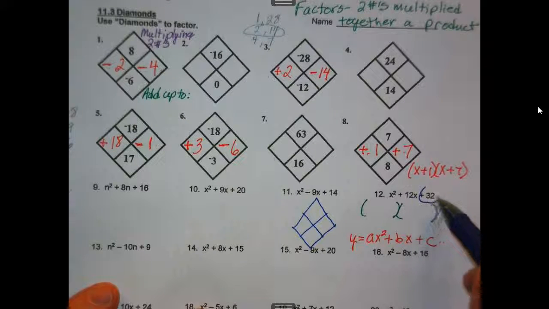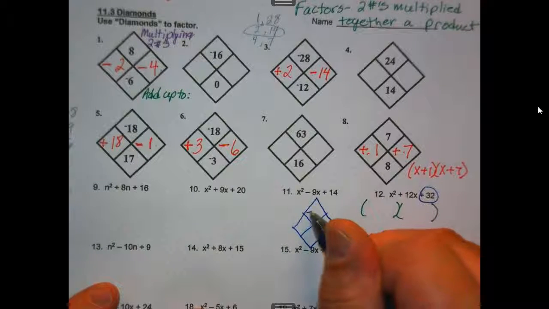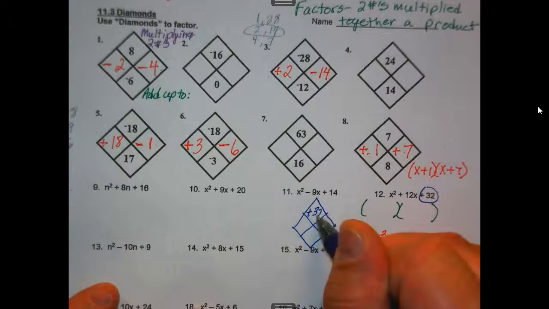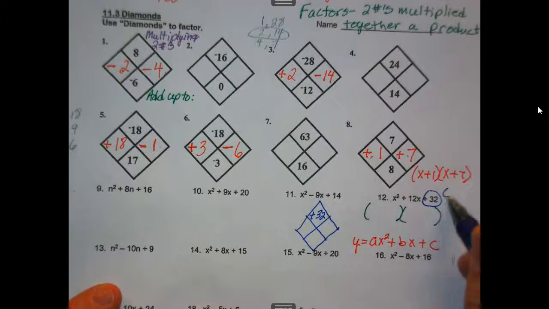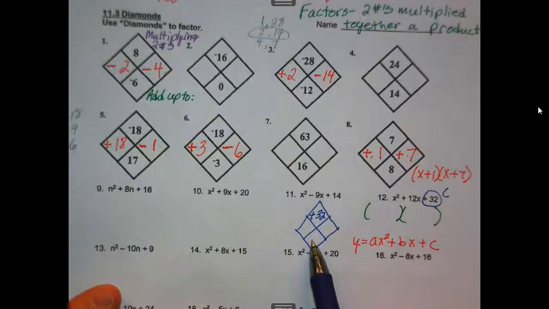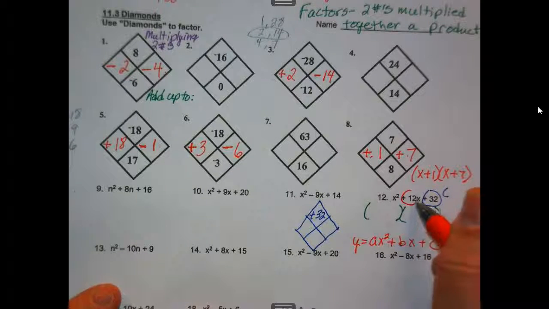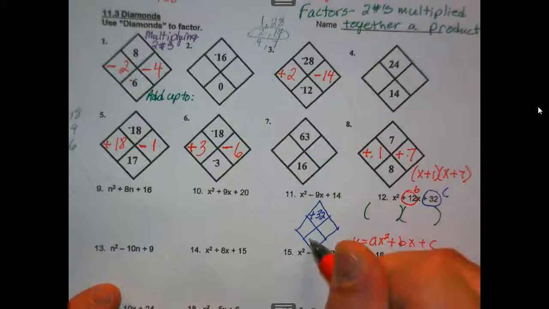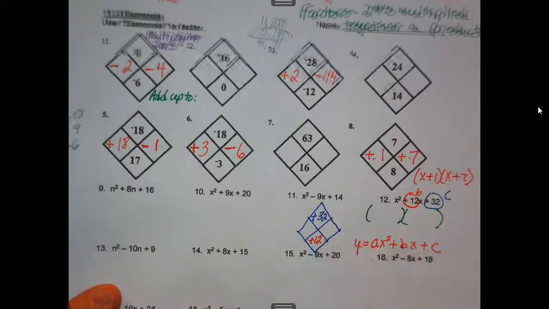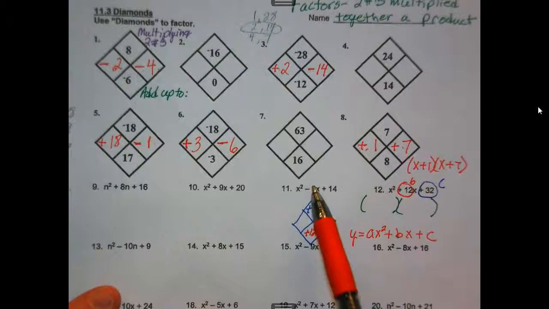It's my C. So there's my positive 32. That's C. And then for adding, it's my B, the coefficient B. In this case, my B is positive 12. And then you just go ahead and figure out two factors of 32. They're positive.